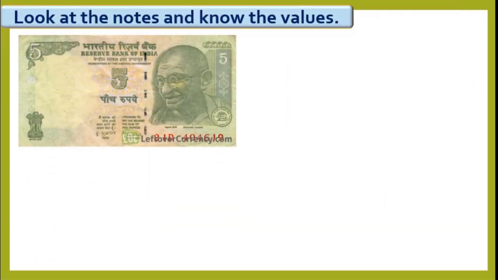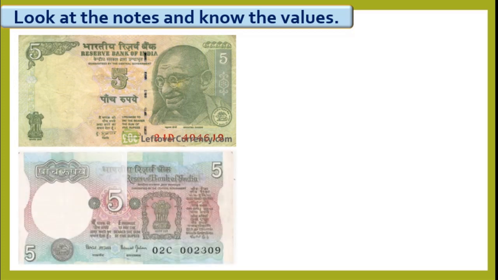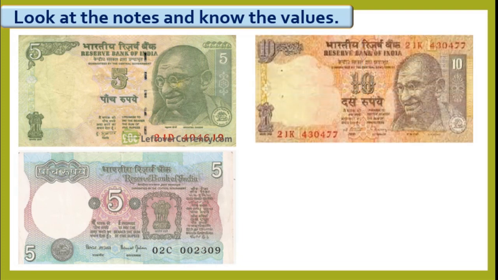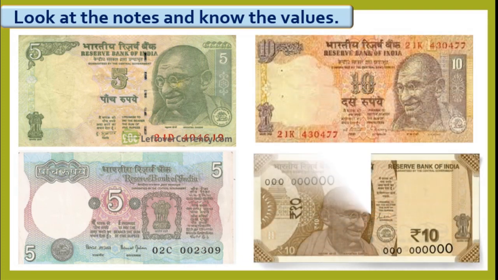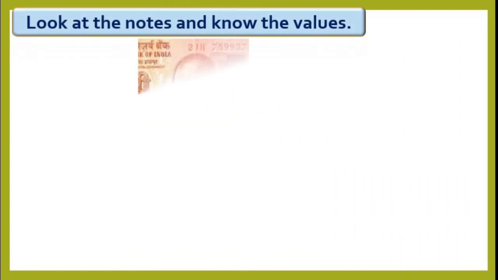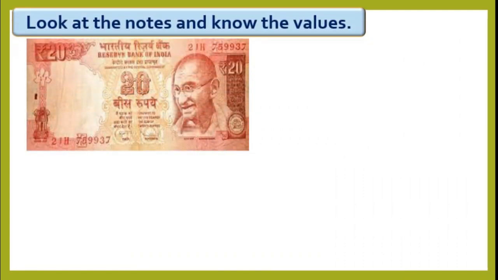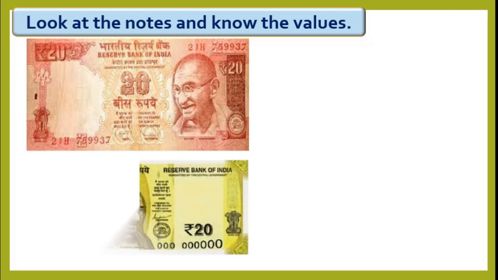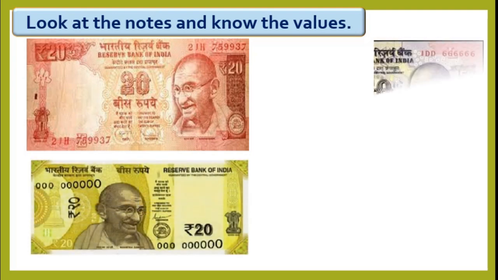This is 5 rupees note. Nowadays we are using this as the minimum valued note. 5 rupees 2 notes, one new one and one old one. Here also we can see 10 rupees new note and the old note. See, this is 20 rupees note and this is new one.